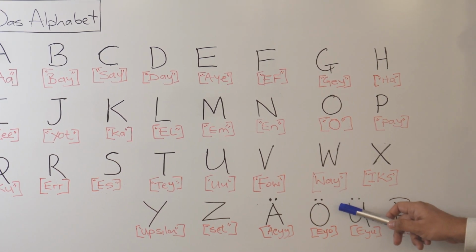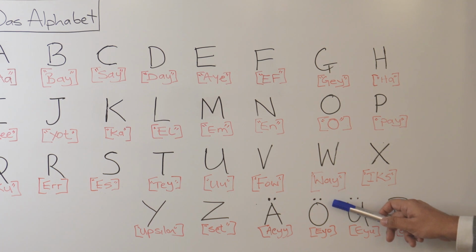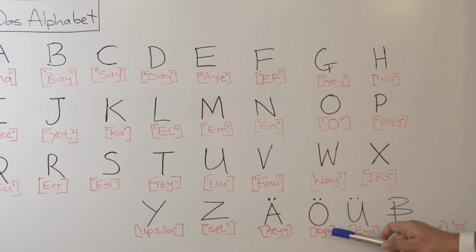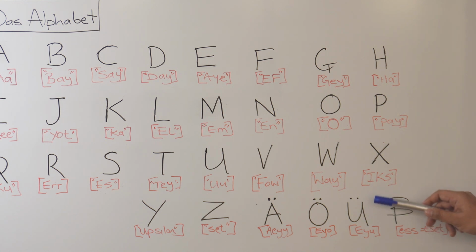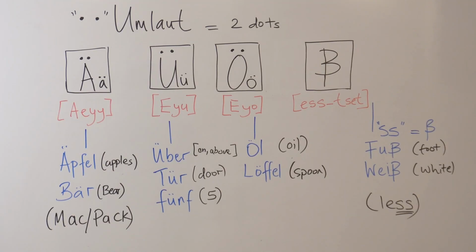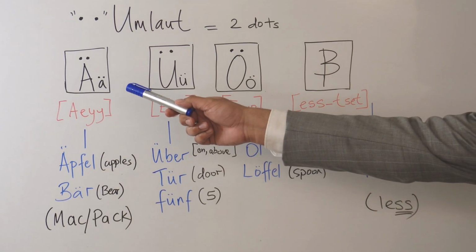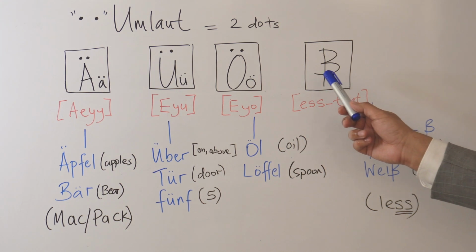Similarly for O, it changes the pronunciation from O to Ö. And for U, it changes to Ü. And then the beta sign is called S-set, pronounced as double S.